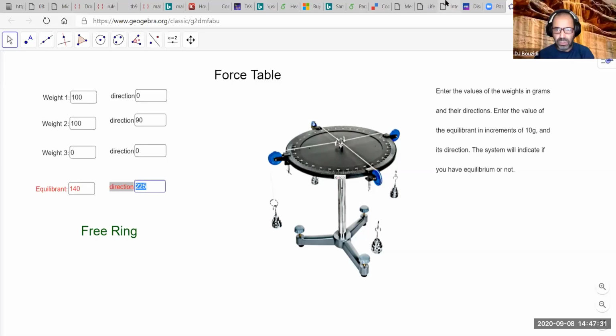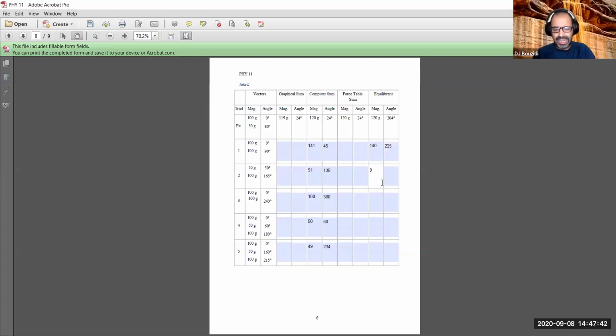Let's go back to the other screen with the vectors. The sum in here cannot be 91; it has to be 90. The direction is to add 180 degrees to 135. If I add 135 plus 180, this calculator gives me 315 degrees.